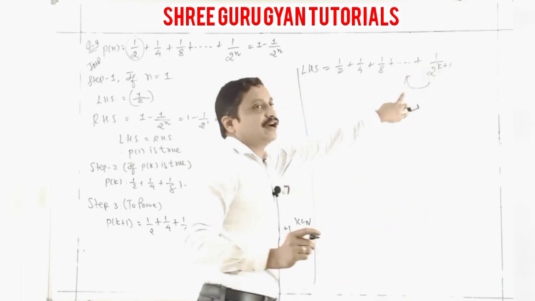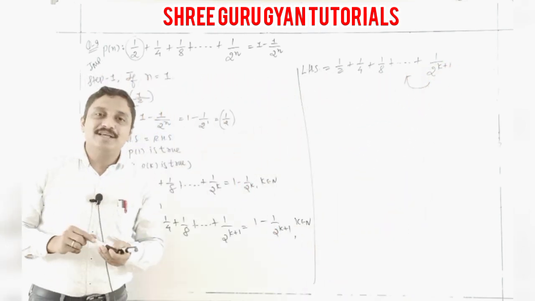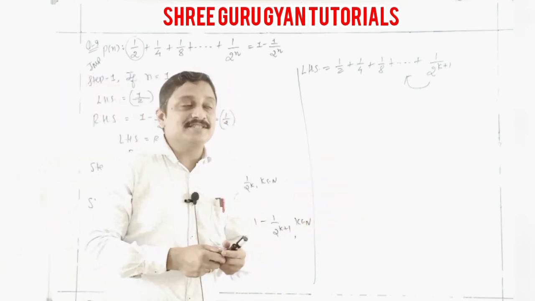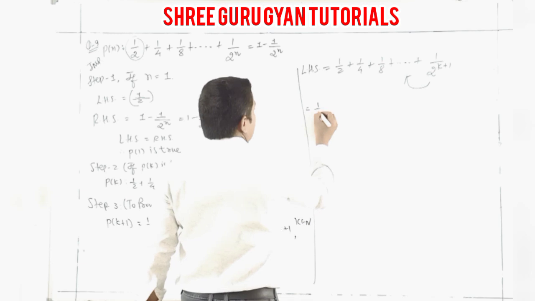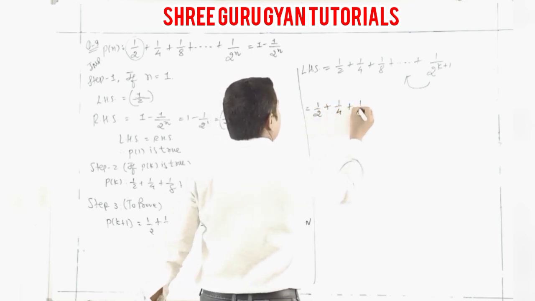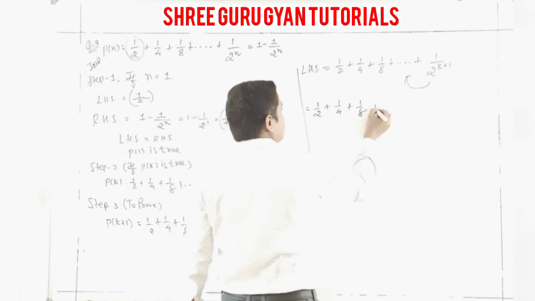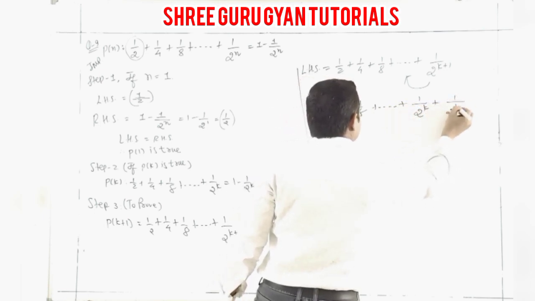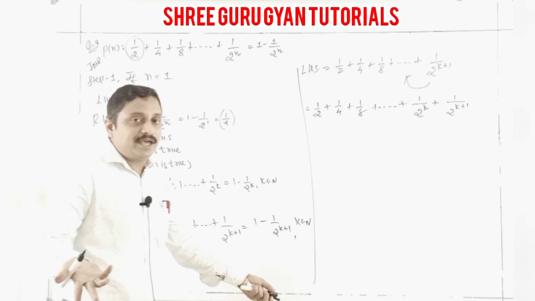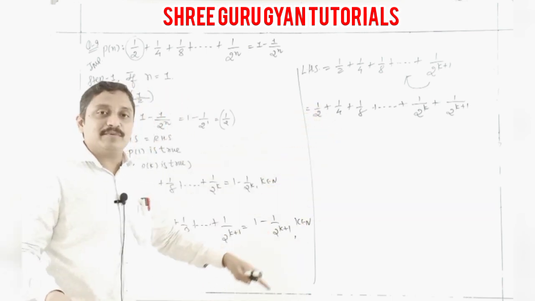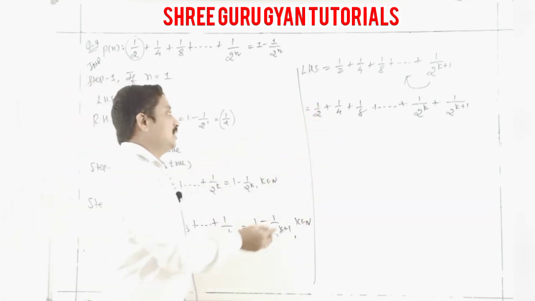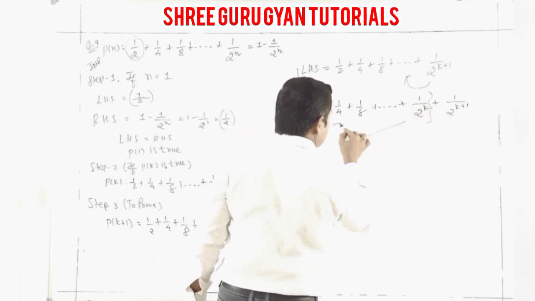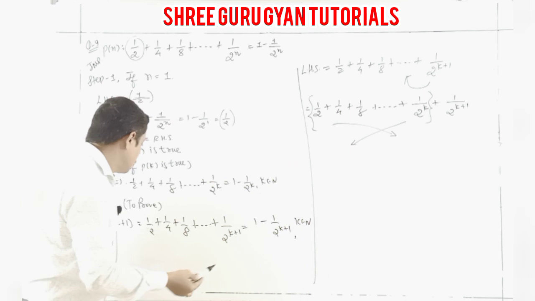And here again I ask, what is the one back term, the previous step? So definitely you know half, 1 by 4, 1 by 8, here is one back step, 2 raised to k, which is same as 2 raised to k plus 1. If you write one more back term, then 2 raised to k minus 1. Now students, look at that, this and that are totally your step 2.